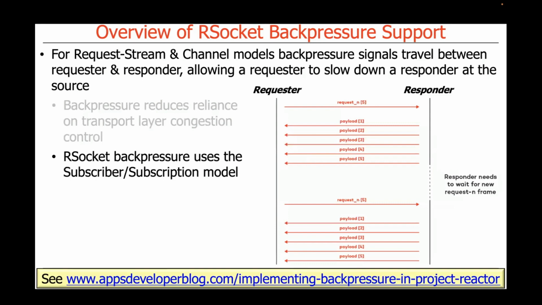The way that back pressure works with RSocket is by using the subscriber subscription model that we talked about earlier when we were talking about how you can have various types of subscribers. In Project Reactor, when you are a subscriber, you can say, here's the amount of data that I can accept in one fell swoop before asking you for more data.